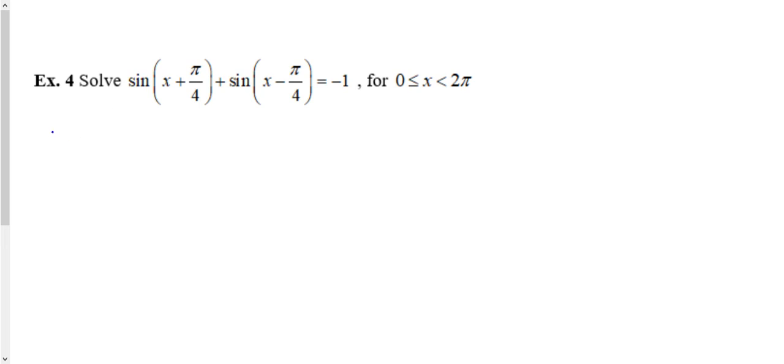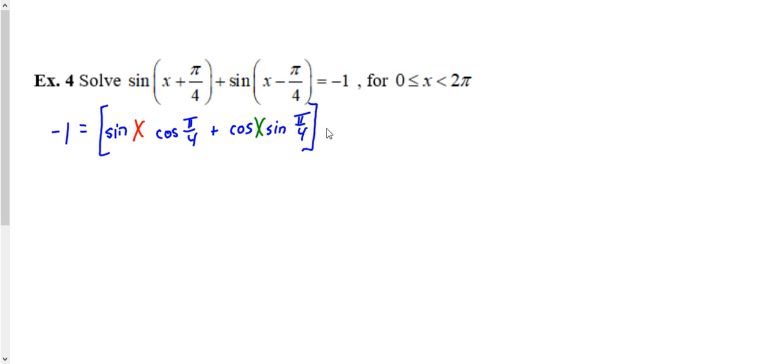So I'm going to rewrite this as negative 1 equals, well, if I'm adding, I'm going to go sine x, because we don't know what x is, cos pi over 4. That's going to be added to a cos x sine pi over 4. Okay, and so that's our first bracket there that we just rewrote out.